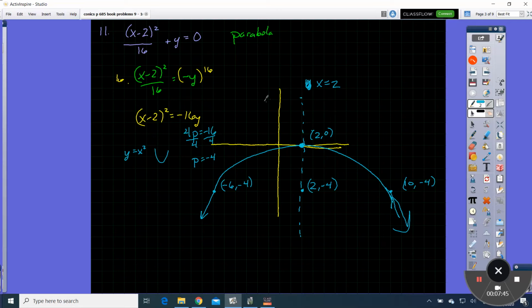If I come up here 4 more, so I went 4 to get to the focus. If I come up 4 the other direction, this is called the directrix. And y equals 4 because it's 4 above. Okay. So everything that you could have on here, you now have labeled.